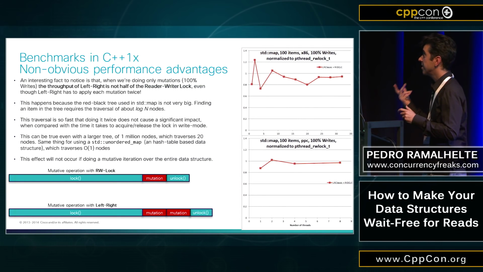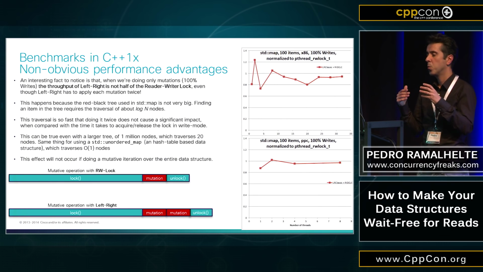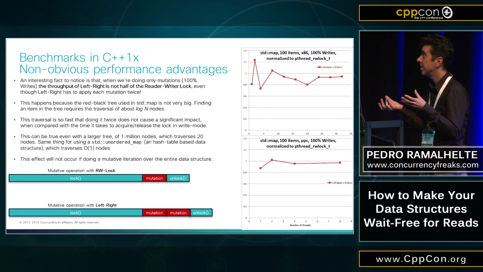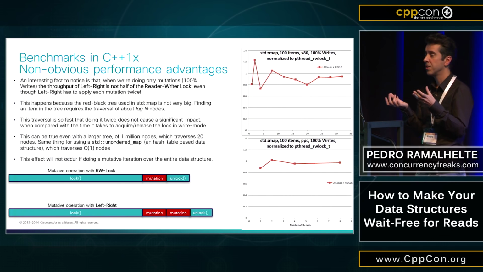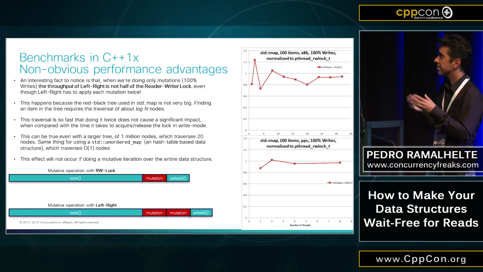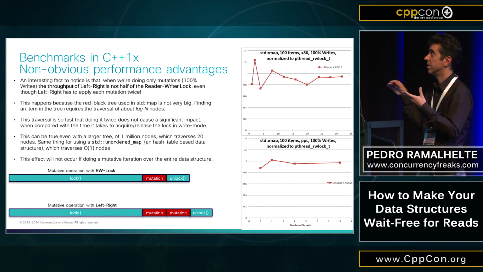Now another thing. One thing that you might think of is, well, you have two data structures and you have to do the same operation on both. Isn't that kind of slow? Yes, if it's a long operation, but think of a std map. You protect it with a reader-writer lock, for example.